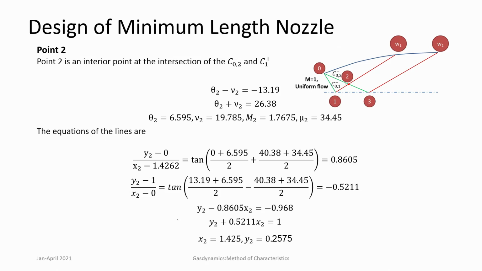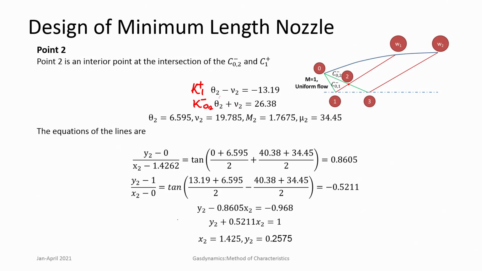This is the second wave from 0. This is the value for K plus coming from 1, and this is the value for K minus coming from 0, that is the second wave from 0. So we know these values.